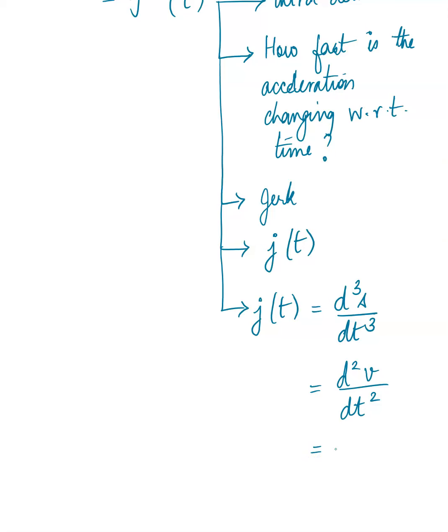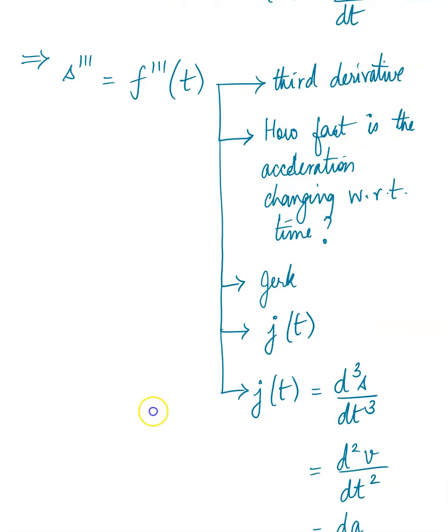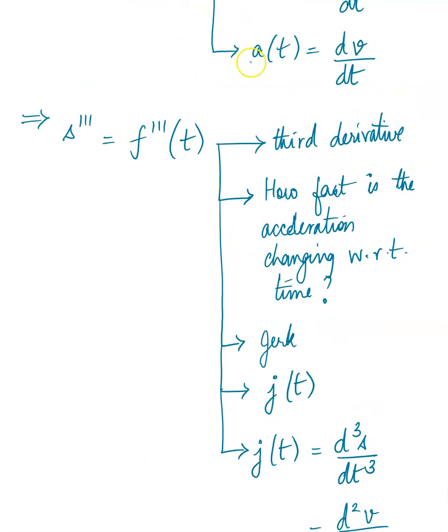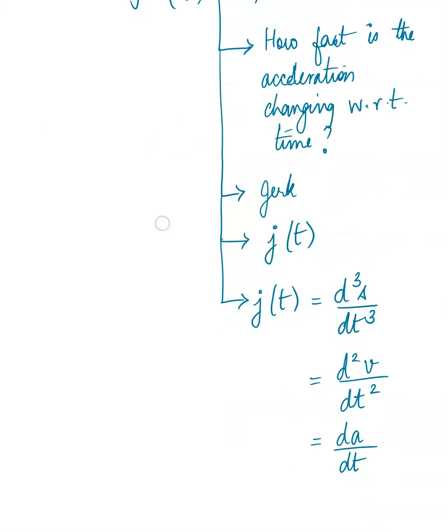Or it could be the first derivative of the acceleration, da over dt. And I use small a because it refers to the acceleration, which is lowercase a. Capital A, we used it for area, so please be careful about the notation here. And so you can see how we can come up with all these interpretations, particularly in higher orders of the derivatives.